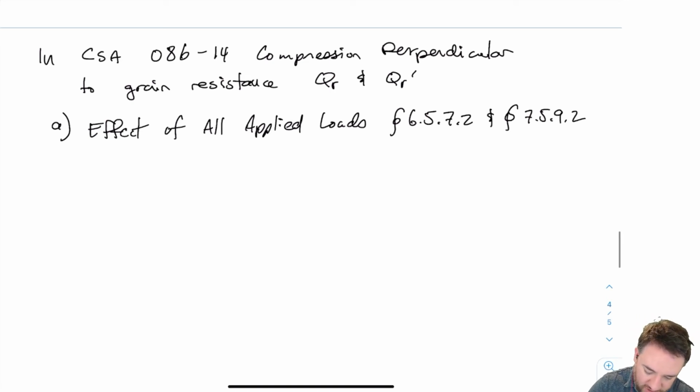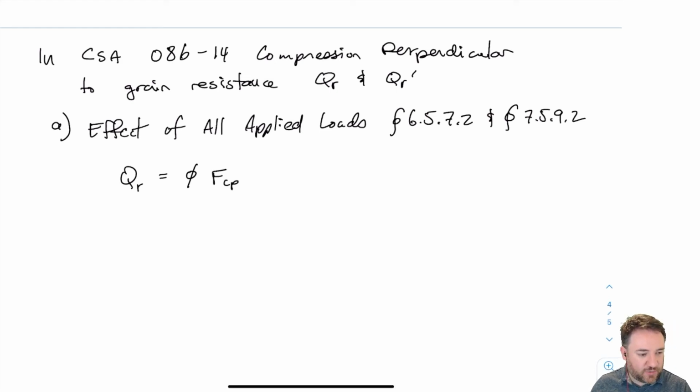And so the equation looks like this. For effect of all applied loads, this is the regular one where we're not near the support. We have a phi factor to reduce material strengths. We have capital FCP, which is the strength FCP, but modified for duration factor and service condition and treatment factors. And we have AB, which is the area of the bearing.